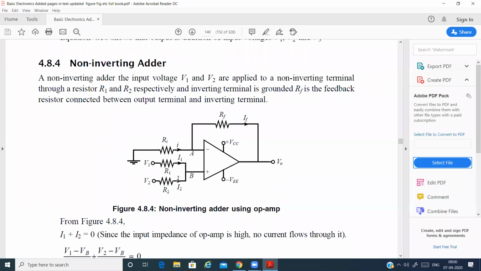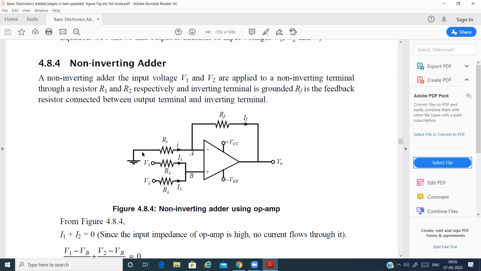See, the method is similar to what we have done in the non-inverting amplifier, but here instead of a single input, we are having two inputs. The two inputs have to be added first, and you have to find out what is the voltage coming here. After that, according to the virtual ground concept, VA is equal to VB.